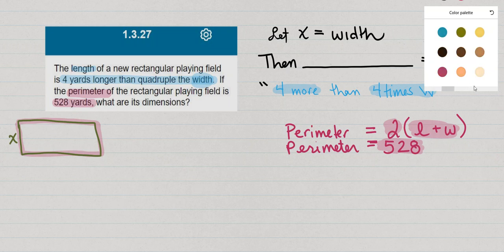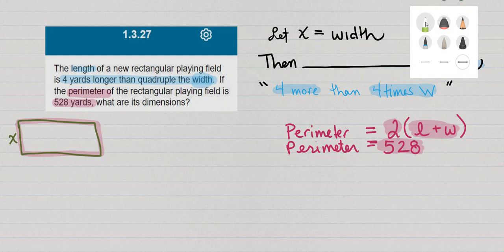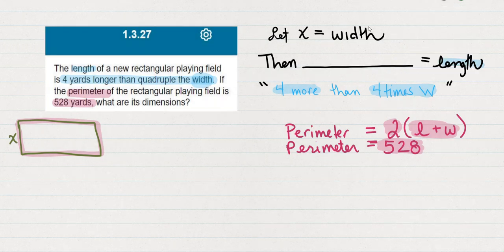Let me get a nice color here and switch to a pen. If x is the width, then 4 more than 4 times the width, we could say 4 added to 4 times the width, or, if you're more comfortable seeing it this way, 4 times the width plus 4.